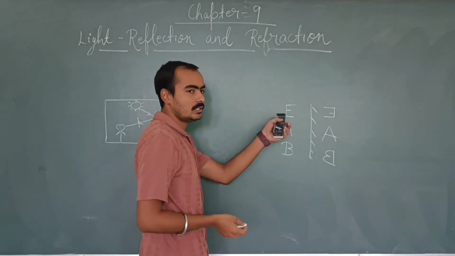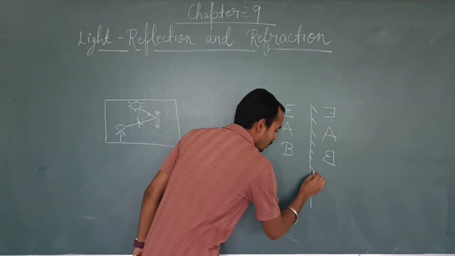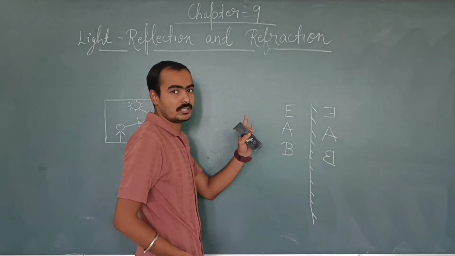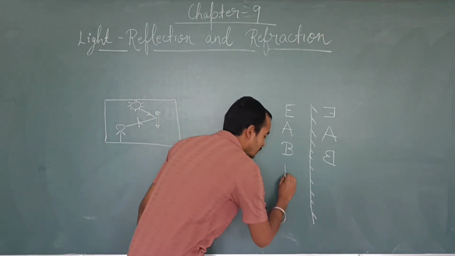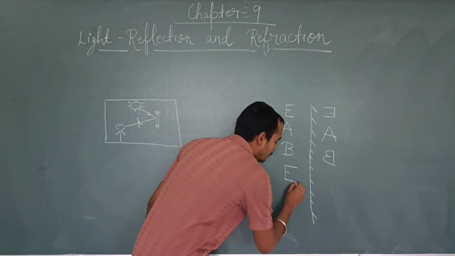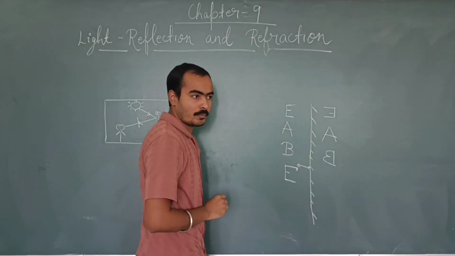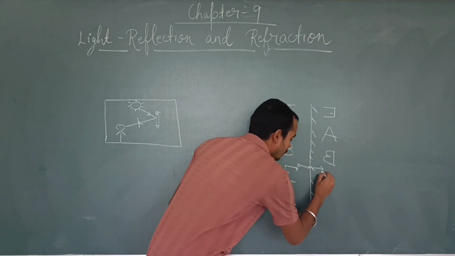Now the question is, why does this happen? Why is the image formed by a plane mirror laterally inverted? It is nothing but due to object distance being equal to image distance. Let us see, this is E. So this point is this much far from the mirror, so it will become an image at this point.